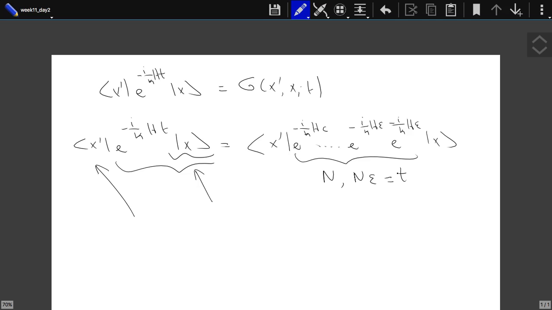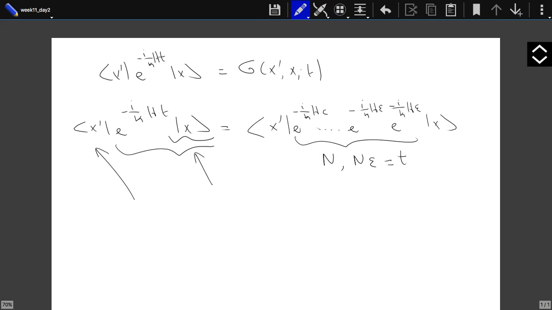Now, once we do this, we can use the identity. We can write the identity in this form: 1 is the integral of |x><x| dx, with x ranging from -infinity to infinity. So we can just insert this identity here, here, here, etc., in n-1 places.